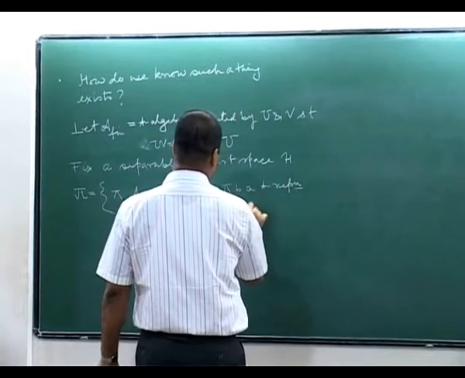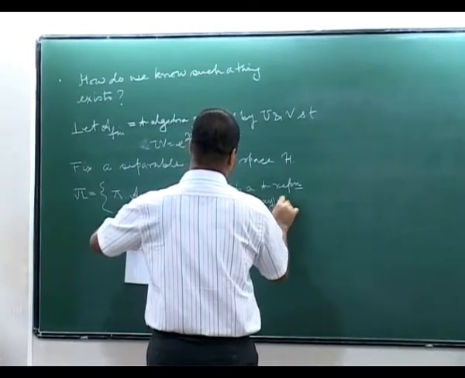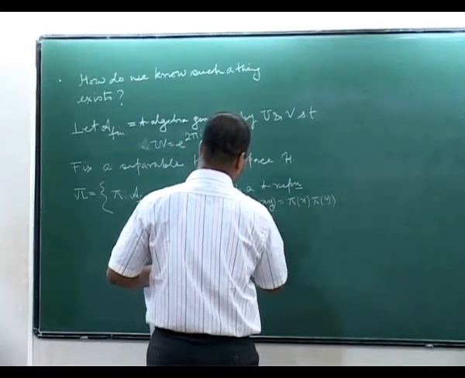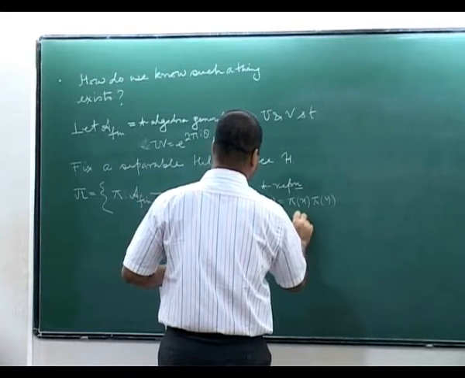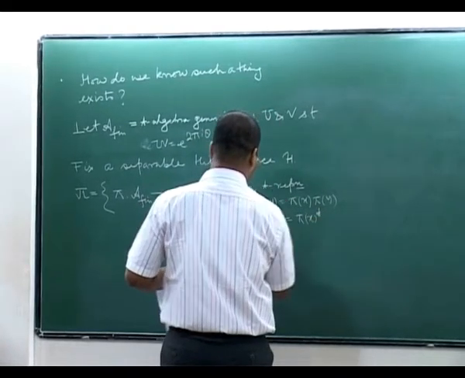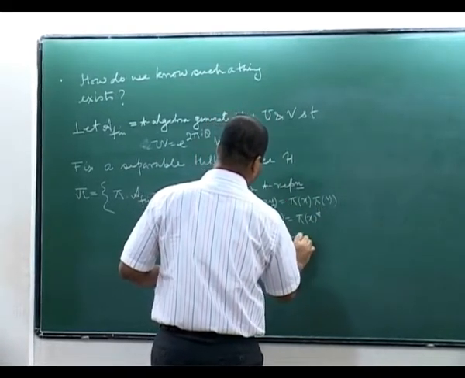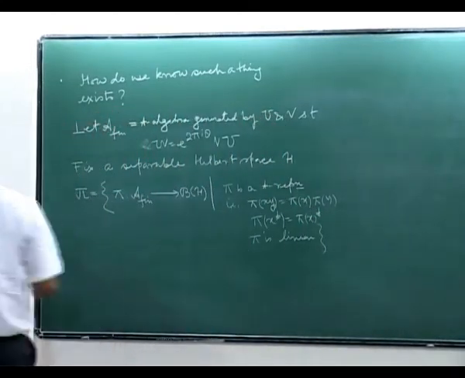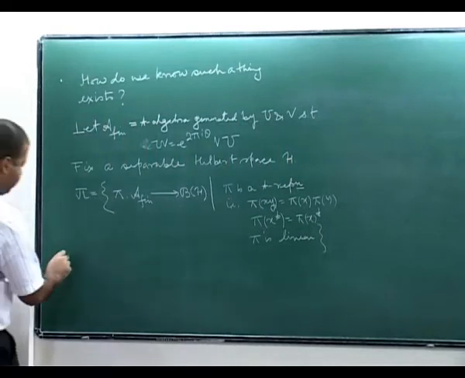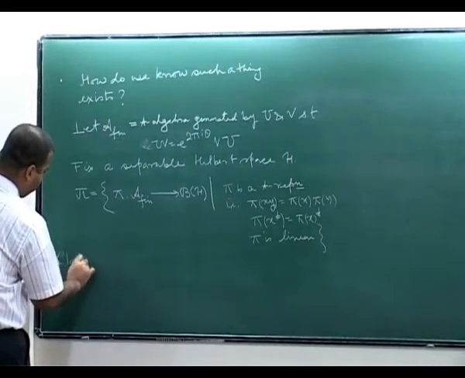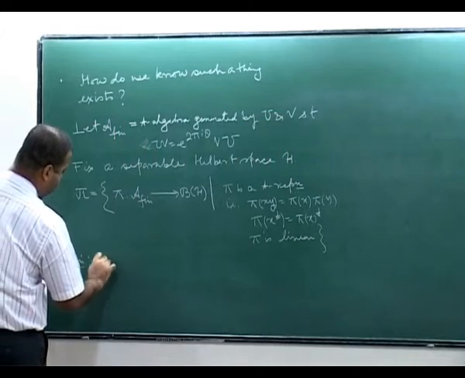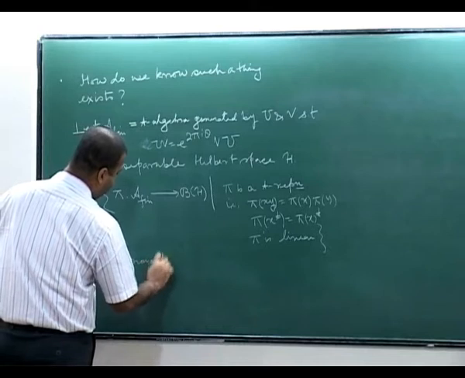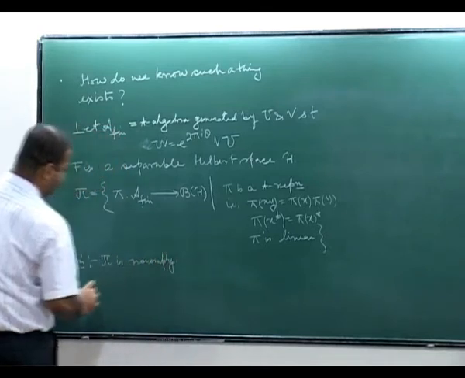That means this is an algebra homomorphism, pi of x star is pi of x star, and of course pi is linear. The first claim is that this set is non-empty.